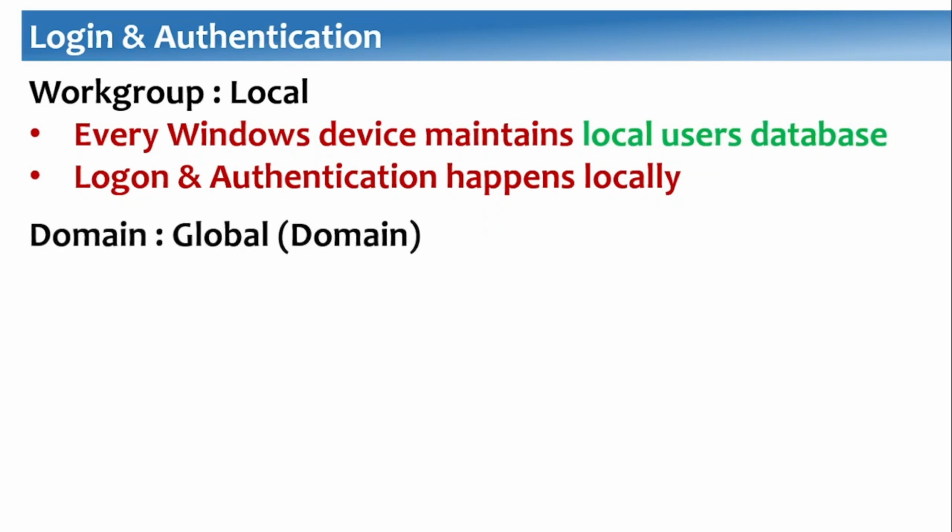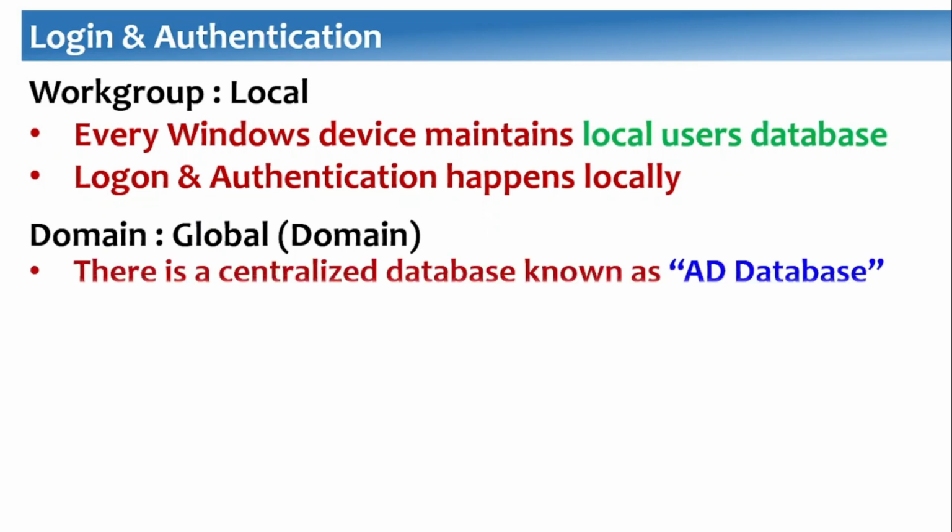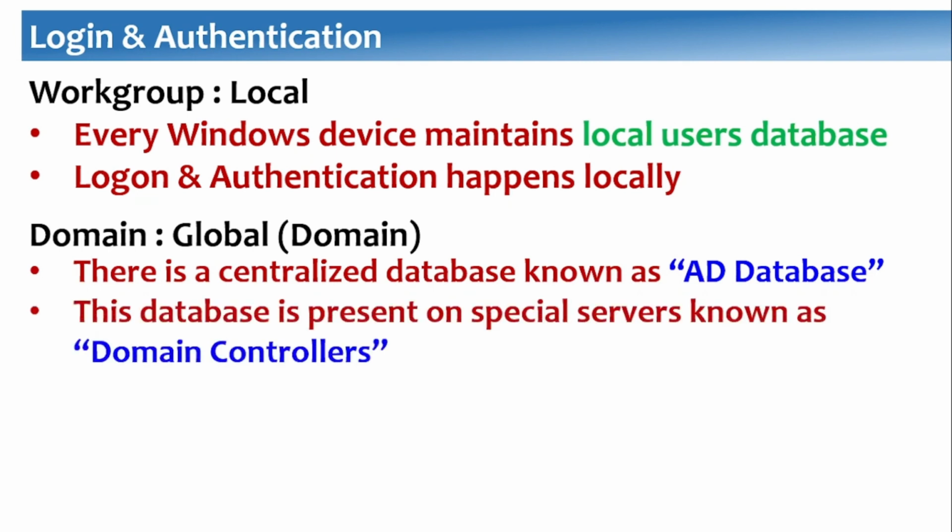Whereas in a domain network, the logon and authentication is global, at the domain level. There is a centralized database called the Active Directory database, and this database is present on special servers called domain controllers.